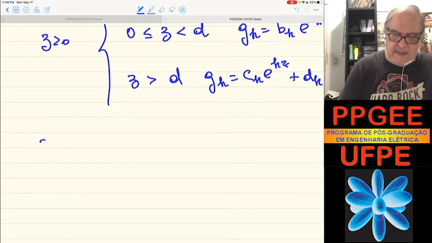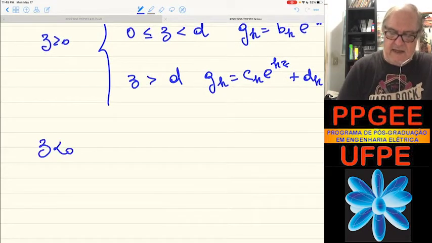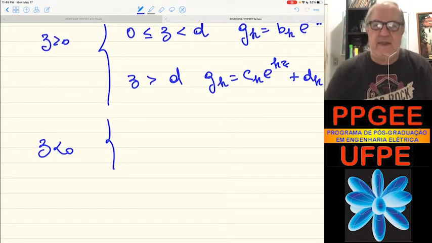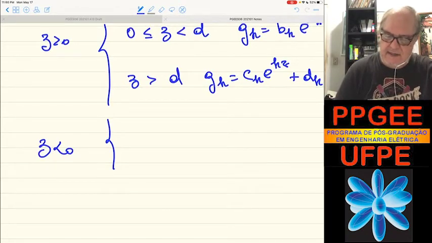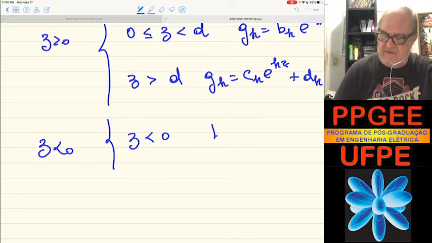And in the region z smaller than 0, each corresponding Fourier component is of the form bk exponential of kz.